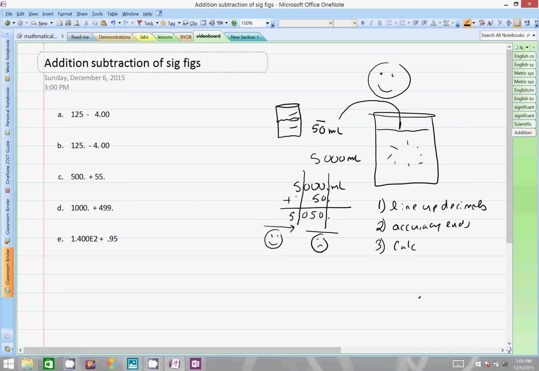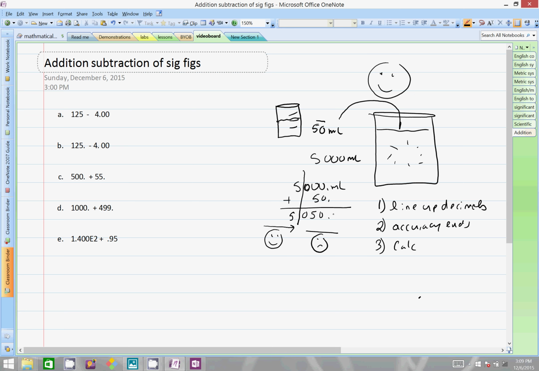So 5 plus nothing is 5, and that's a good 5. Something right here plus nothing is still something, so I can't say 0 for certain. That's why this line doesn't get used, but the first line is the one I'm using, and everything to the right of it is essentially no good.